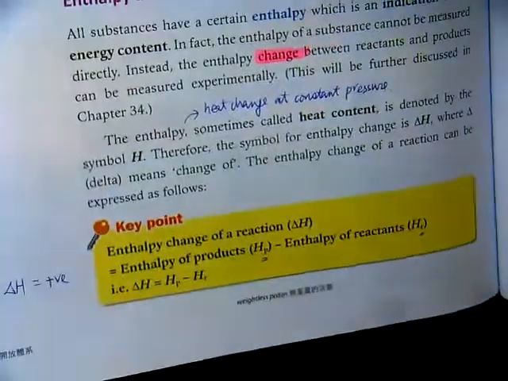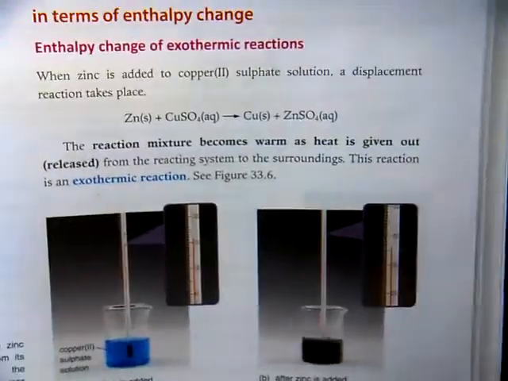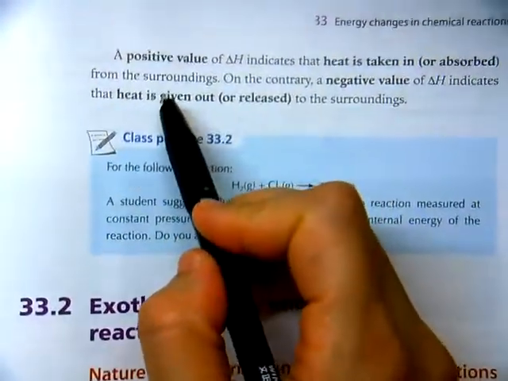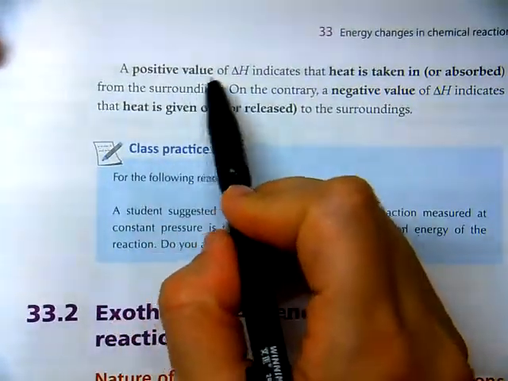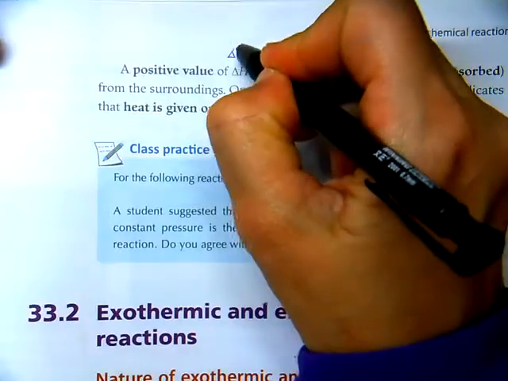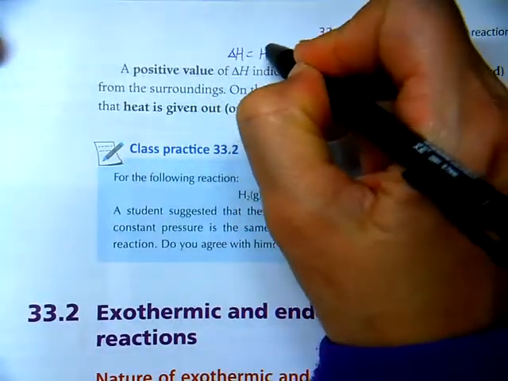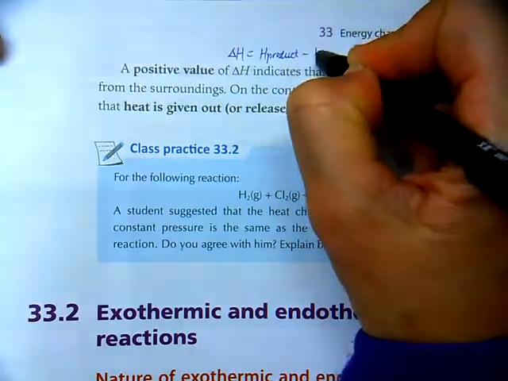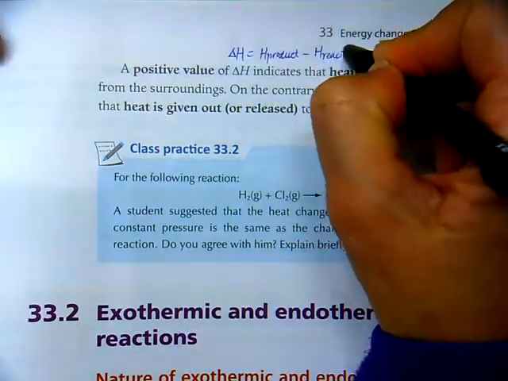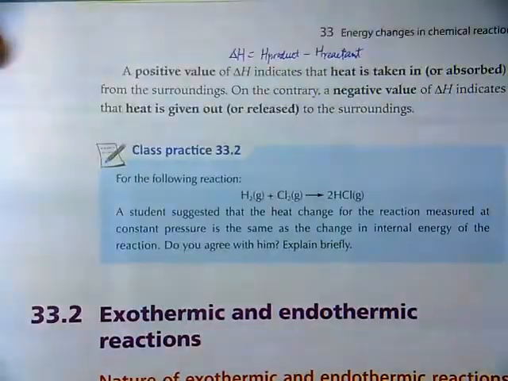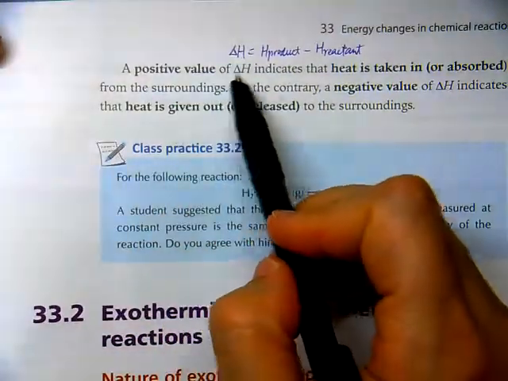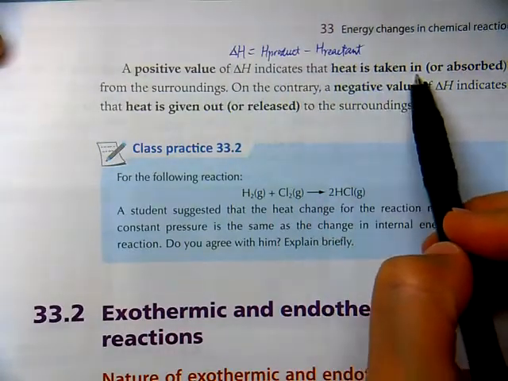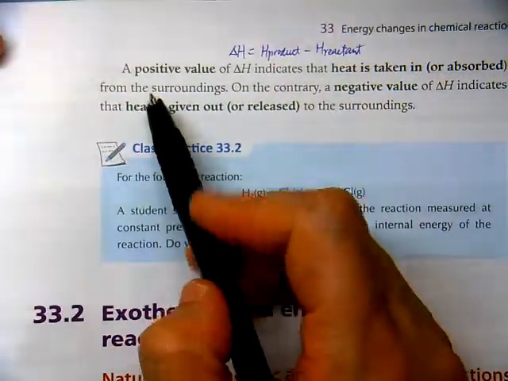Heat is taken in or is absorbed from the surrounding. A positive value of delta H, now bear in mind, delta H is equal to the enthalpy of product minus enthalpy of reactant. If we have a positive value of delta H, it indicates that heat is taken in or absorbed from the surrounding.